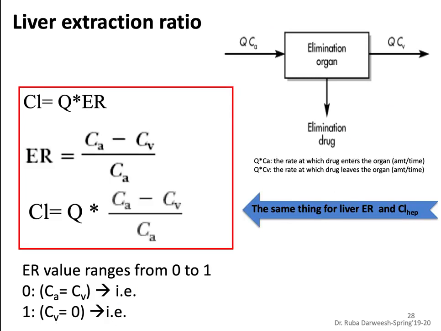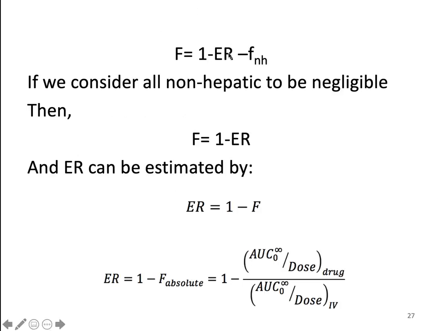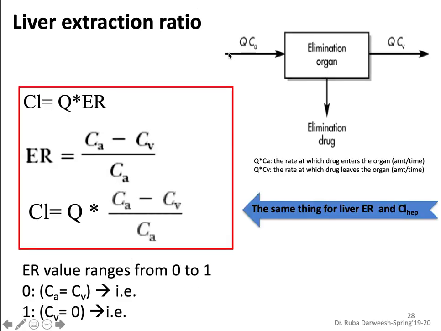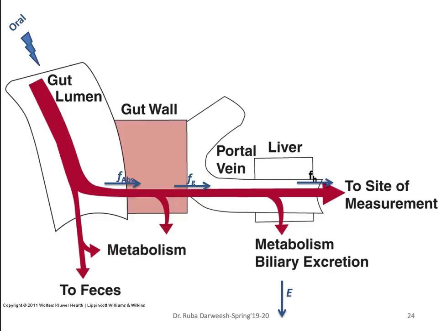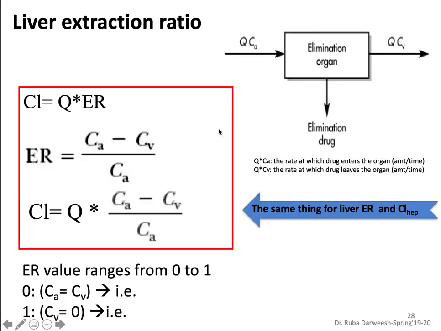About this liver extraction ratio, this is the thing that we talked about before. So it's similar to whatever you know in the clearance chapter, in which we talked about it as a physiological definition of the clearance.